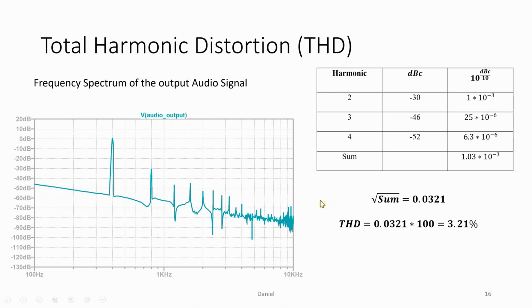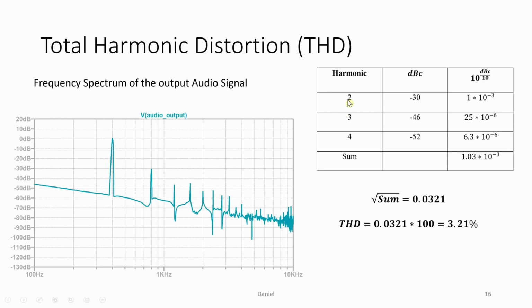Okay, this is the calculation of the total harmonic distortion, THD. This is the same frequency spectrum of the output signal, and we have the first harmonic, second harmonic, third, and I'll take this one as fourth.